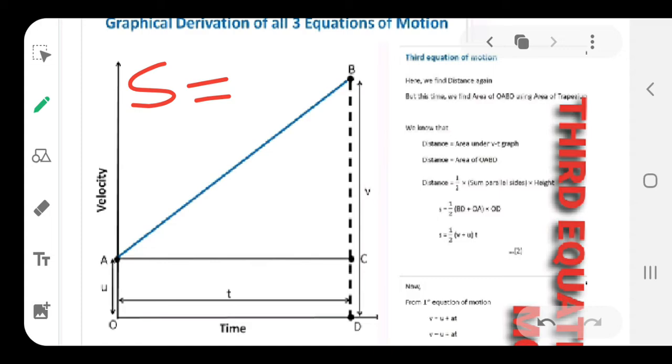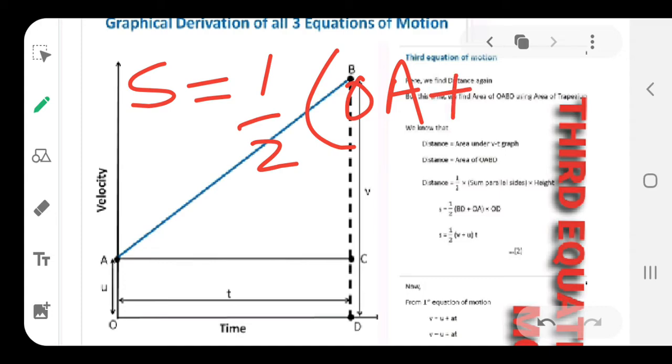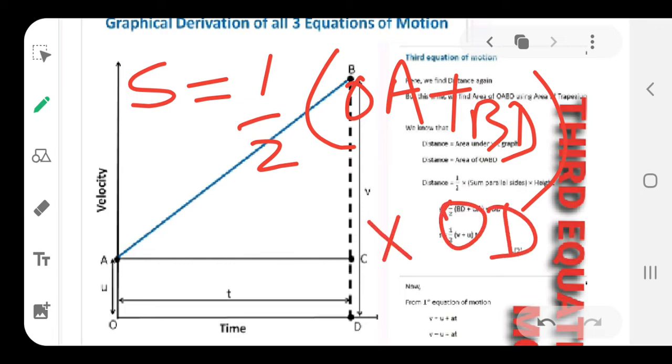So in this case, write it down: half the sum of the parallel sides. You can see OA plus you can call the whole BD, and height is nothing but OD. So into OD you can call it.